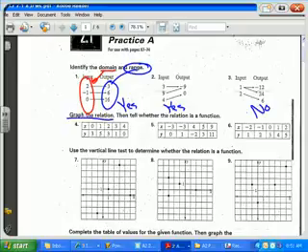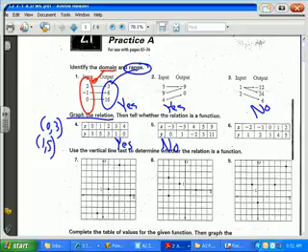When it says graph the relation, what you'll just do is, if you haven't yet, on your paper, plot those points. So in other words, you'd plot the point 0, 3, and you'd plot the point 1, 5. Is that one a function? Yes. What about number 5? No, because -3 has two different outputs.